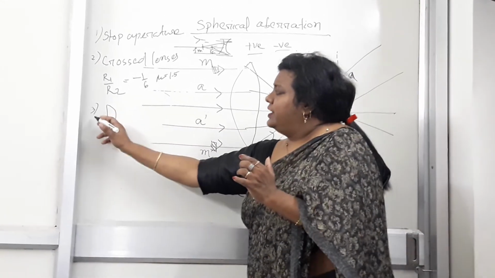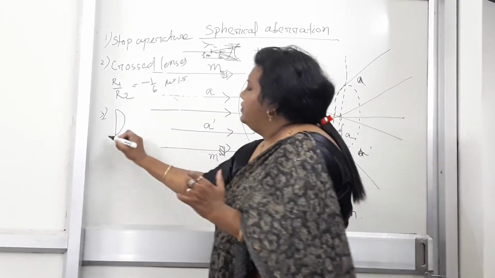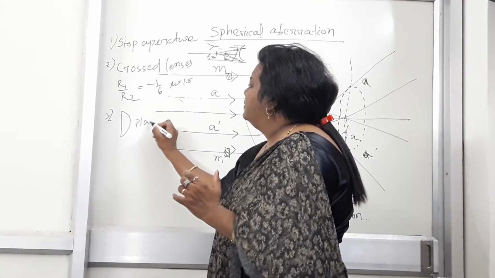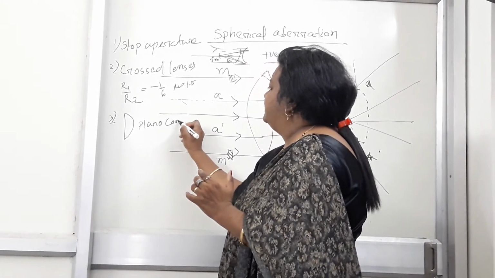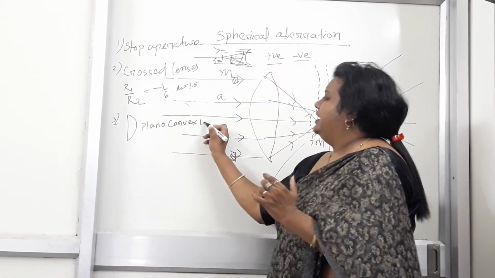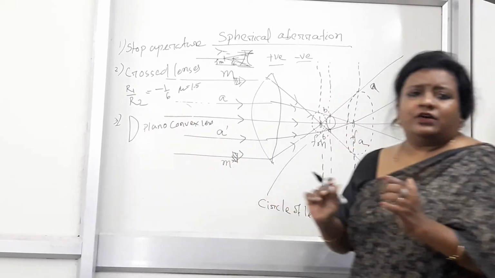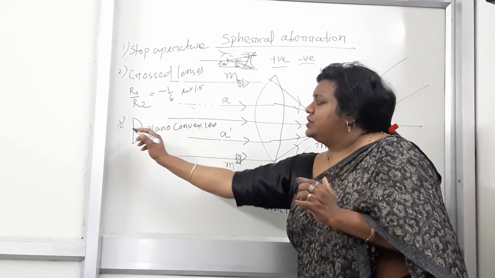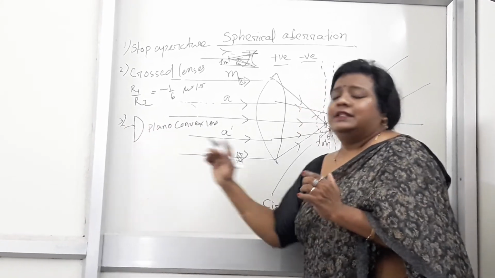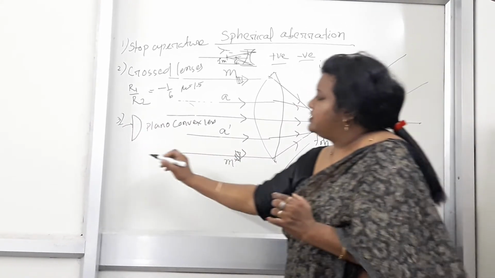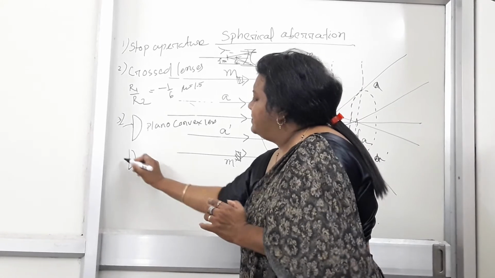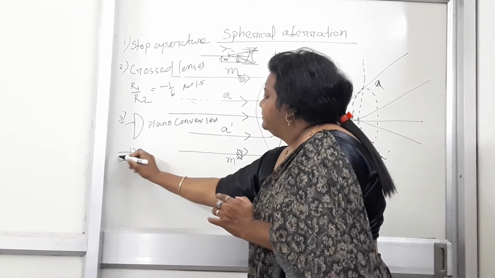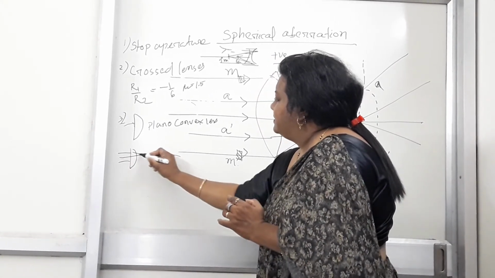The third point is using a plano-convex lens. In using a plano-convex lens, when the plane surface faces the incident beam, the deviation after focusing becomes maximum. Like this.